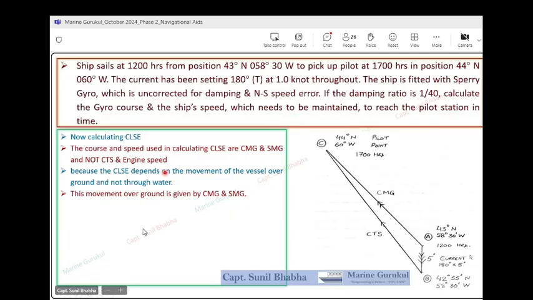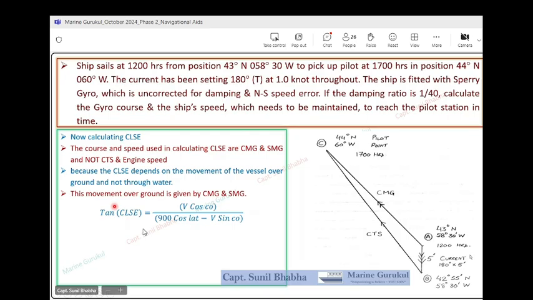CTS and engine speed is never used for calculating the steaming error. Steaming error is always calculated using course made good and speed made good. Now why is it so? This is so because the steaming error depends upon the movement of the vessel over the ground and not through the water.